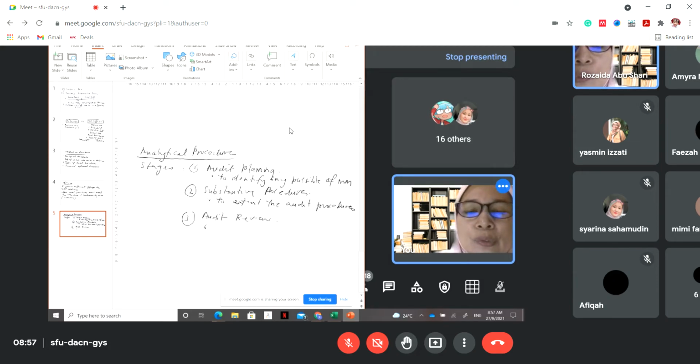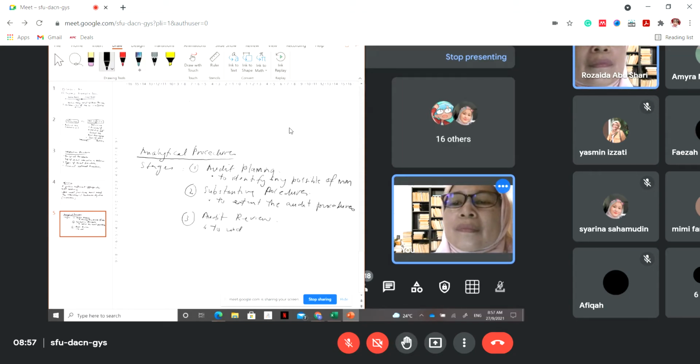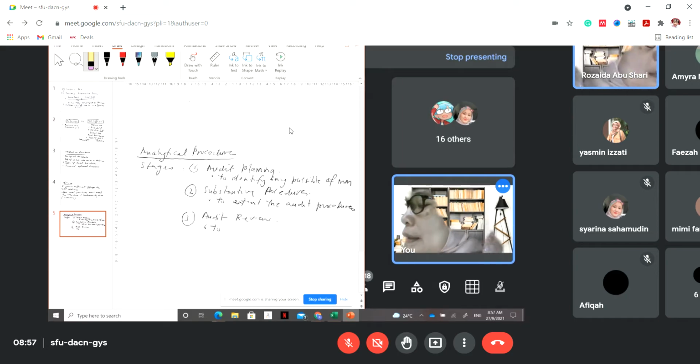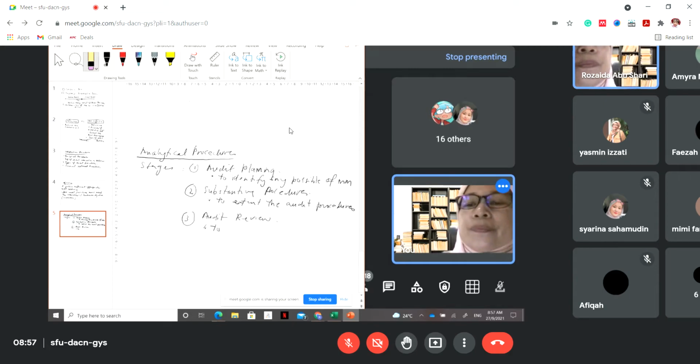During the audit review, it is to compare understanding, to see if the financial statements are consistent with the auditor's knowledge.